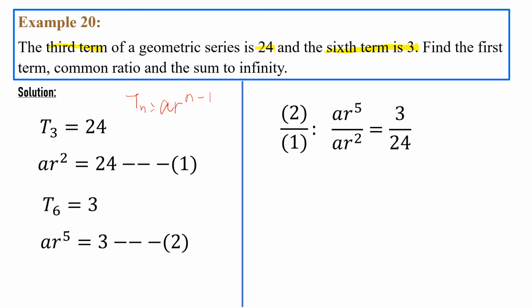Therefore, on the left side, I have ar to the power of 5 divided by ar squared, and the right side, I have 3 from the second equation divided by 24 from the first equation. So now we can cancel out a and what we are left with is r cubed equal to 1 over 8, and the cube root of 1 over 8 gives 1 over 2.